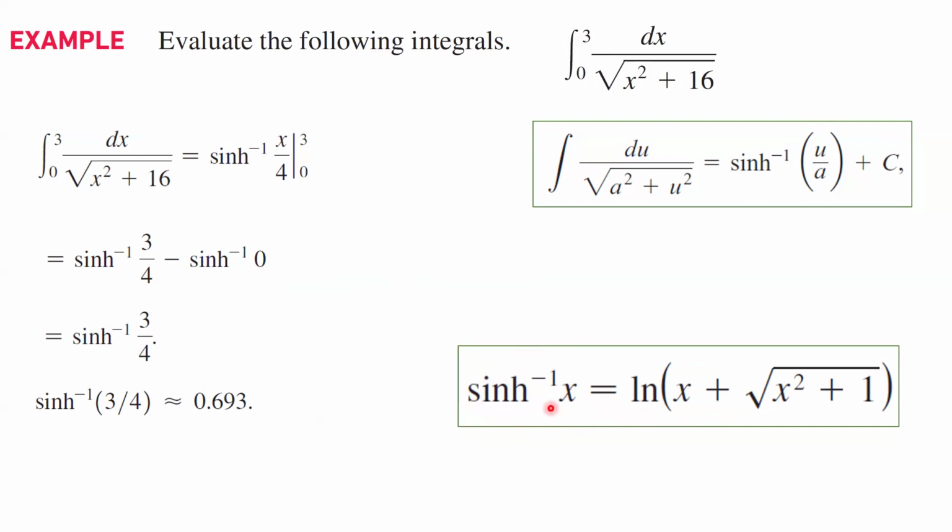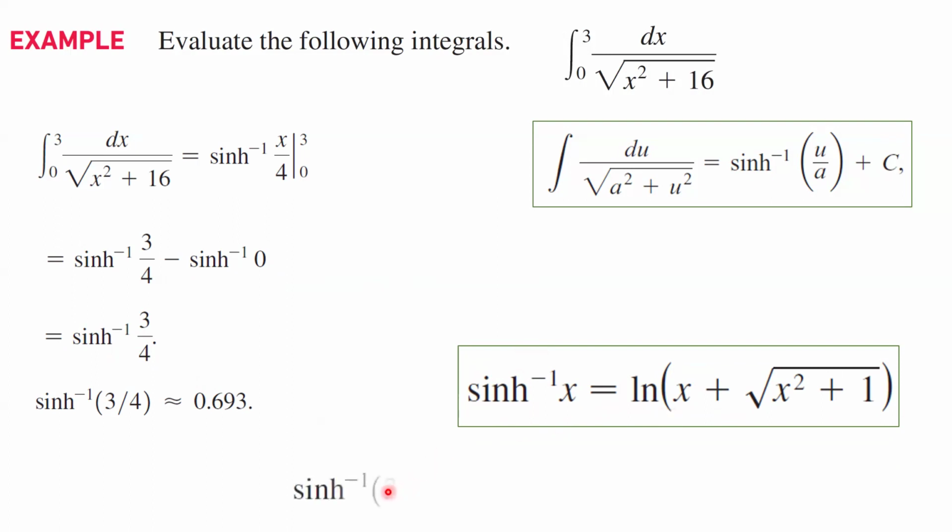Remember that all of these functions, hyperbolic sine, hyperbolic cosine, and so on, we used the exponential function to define them. So when you're taking the inverse of them, you can write them in terms of ln or other types of functions that are inverse of exponential functions.